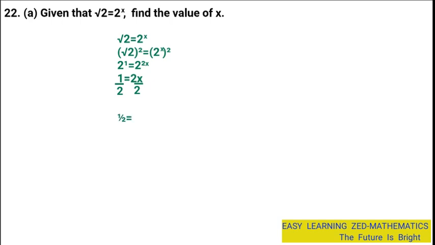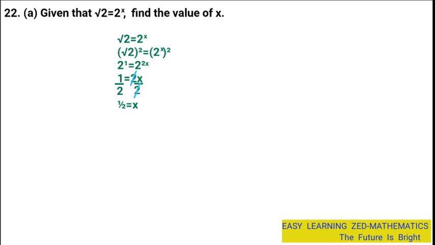When I divide 2x by 2, I'm cancelling 2 on top and 2 on the bottom. Once I've done that, I'm remaining with x, so 1/2 is equal to x. So the value of x in that expression is 1/2. If you have questions, you can ask in the comments, or you can also check another video where I used another method to find that value.